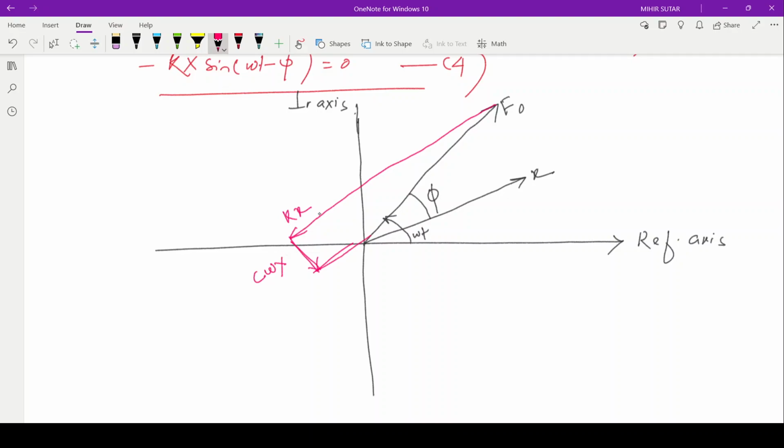And the portion from here to here will be your kx minus m omega square x. And this portion is your m omega square x.